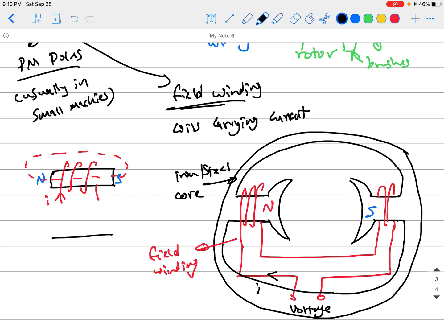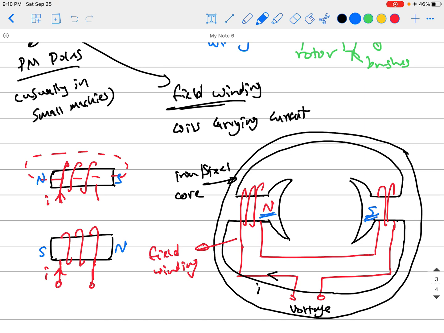If you reverse the direction of wrapping, so rather than the coils going from the top, I make it from down like this, I just switched the direction of wrapping these coils. So if the current goes in the same direction, the direction of the magnetic flux will be switched and you have a North Pole here and a South Pole here. That's how we create a North Pole and a South Pole from these coils, just by switching the direction of wrapping them.